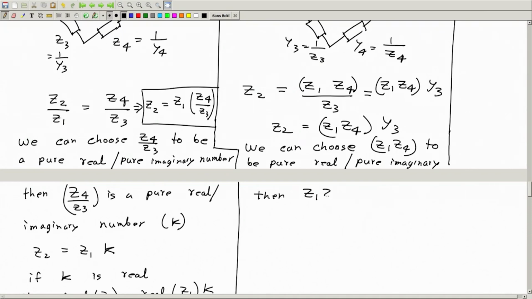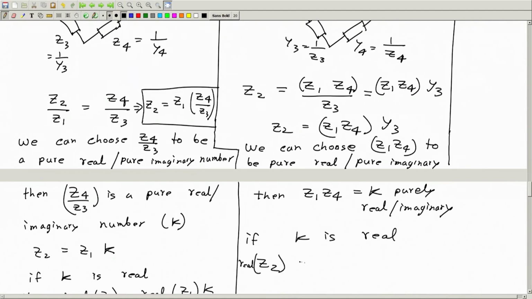If we do so, then this factor Z1 Z4 is equal to K, a pure real or imaginary number, and if K is real, then of course we can write the real of Z2 same as K multiplied by real of Y3, and imaginary of Z2 will be same as K multiplied by imaginary of Y3.